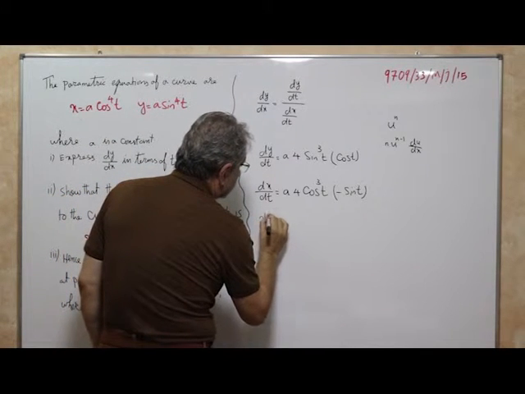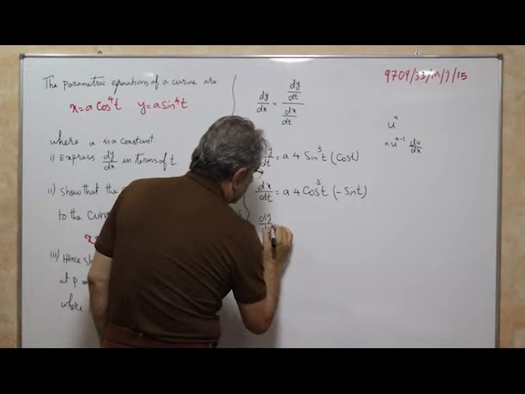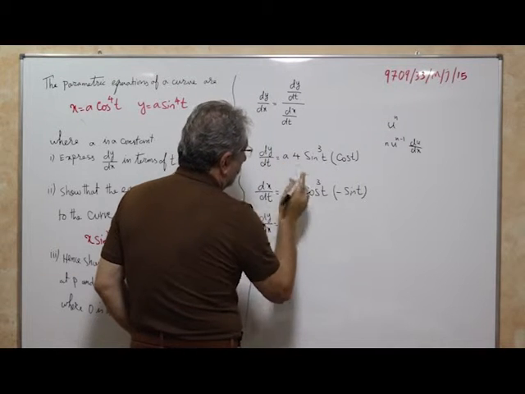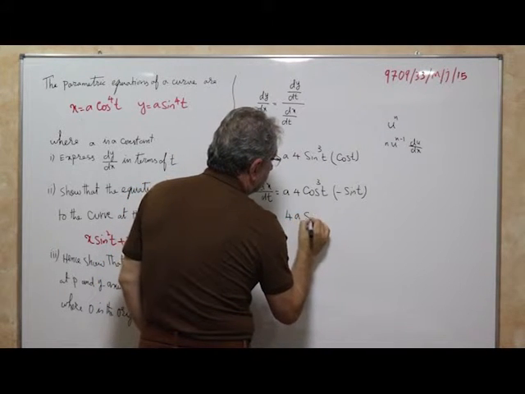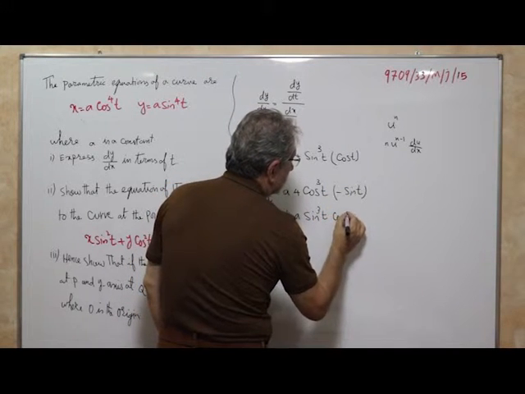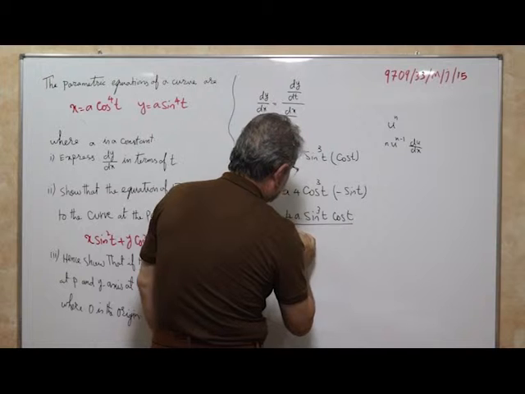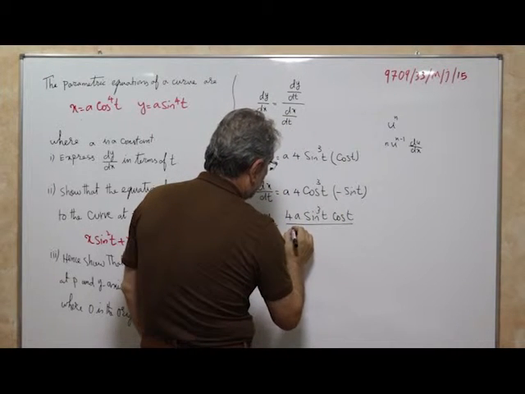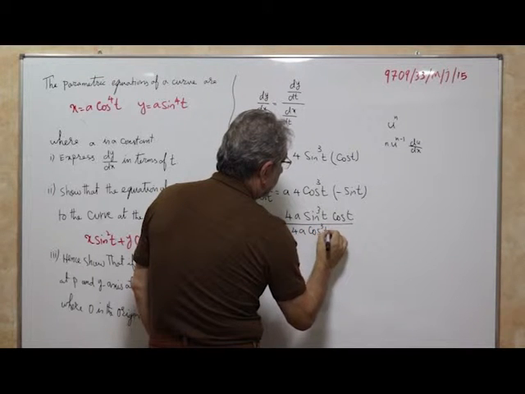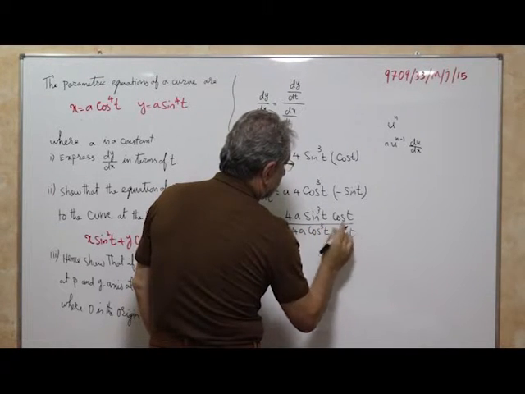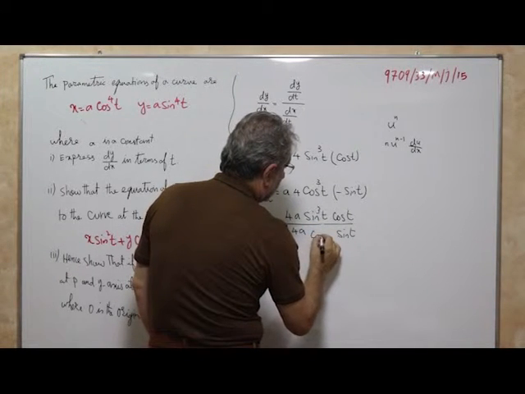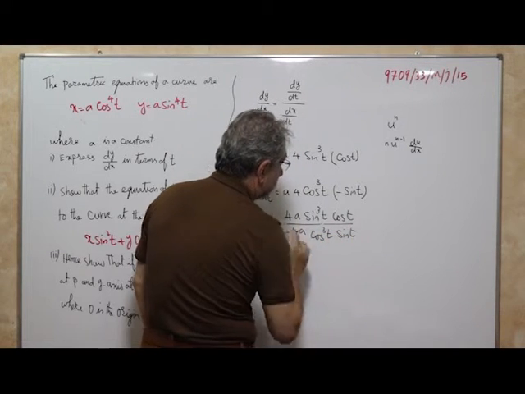Therefore dy by dx is equal to 4a sine cubed t cos t divided by minus 4a cos cubed t sine t.